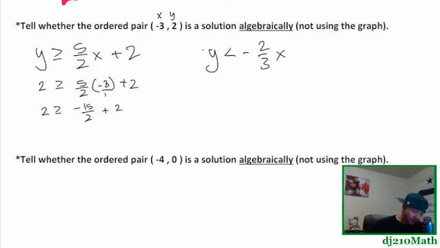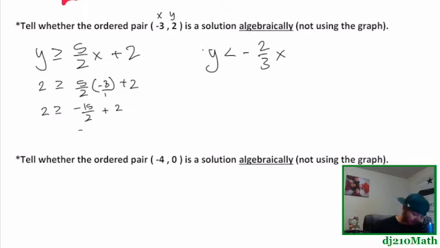Okay, here is where we have to simplify on the right. So we need a common denominator. Technically, do we? Let's see. 15 divided by 2, we know that's 7.5.